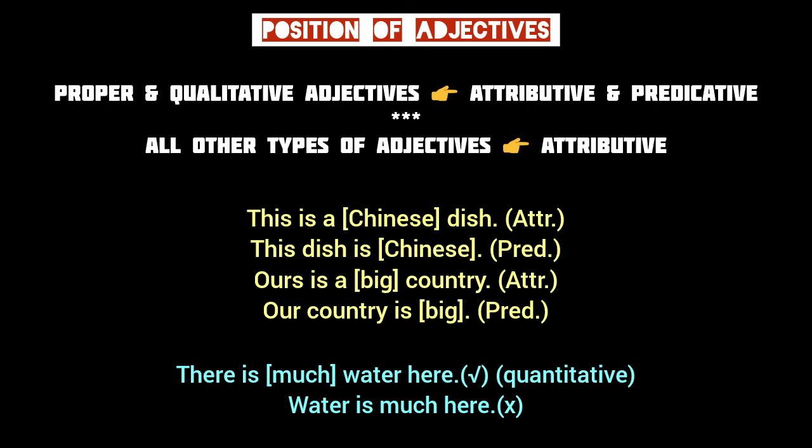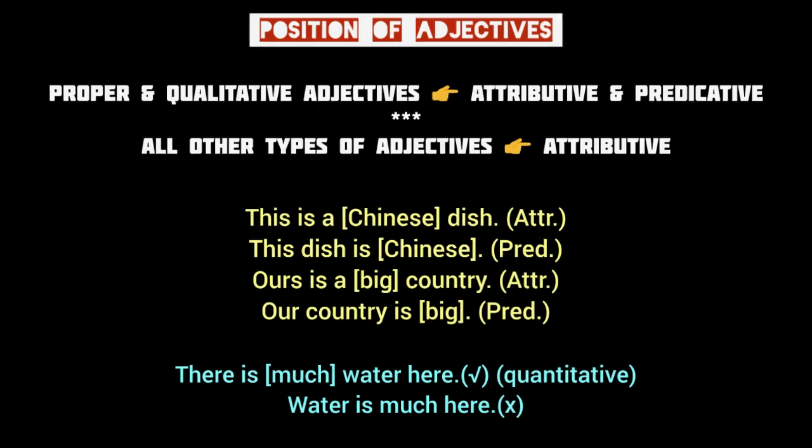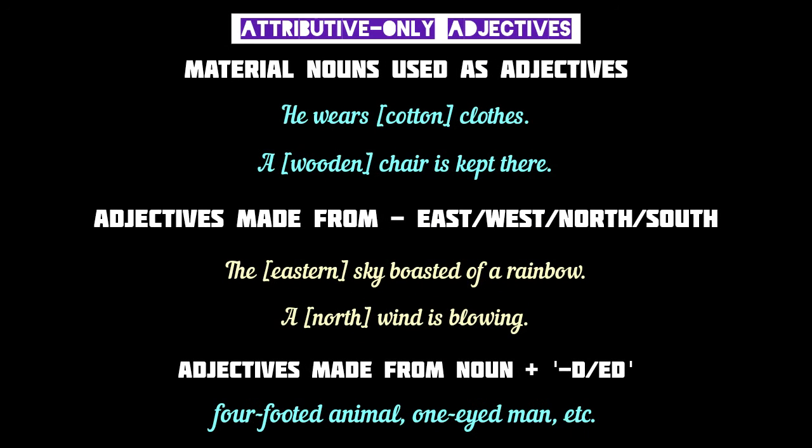Similarly, demonstrative, possessive, distributive, and interrogative adjectives are also used attributively. However, there are certain other types of adjectives which are used only in the attributive position. In English grammar, these are called attributive-only adjectives.